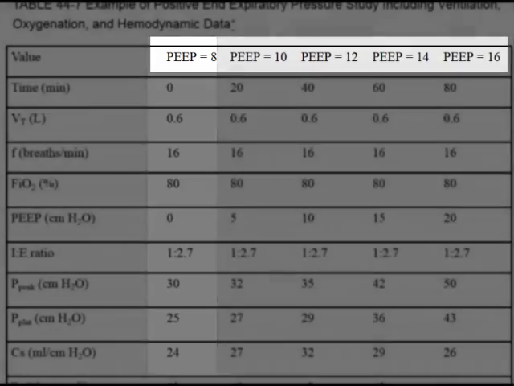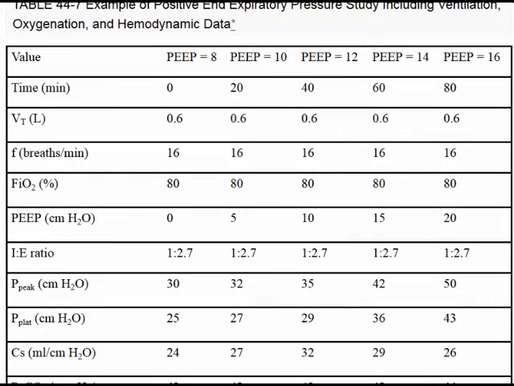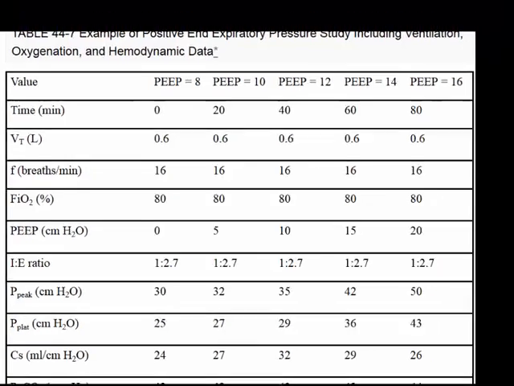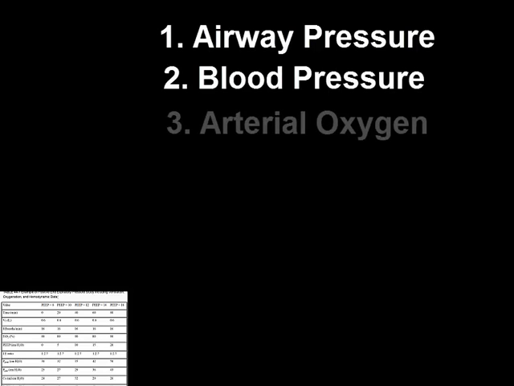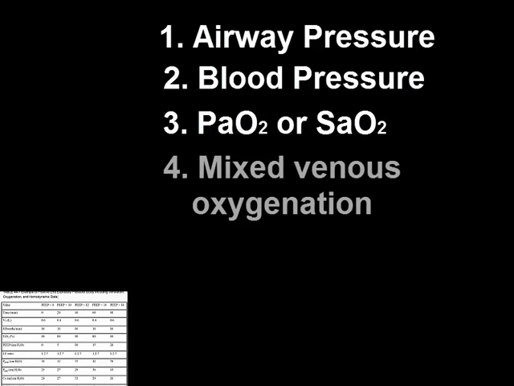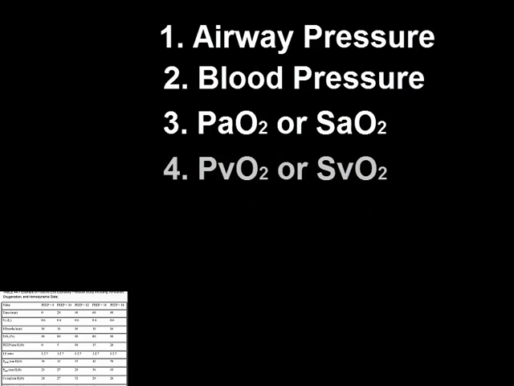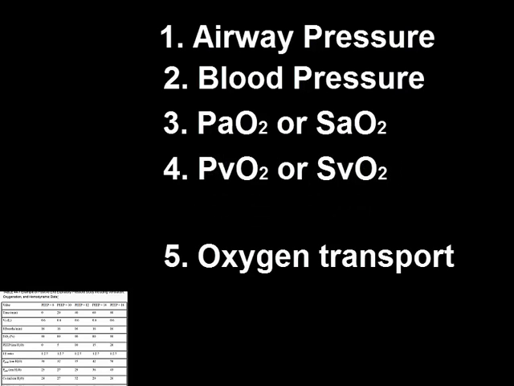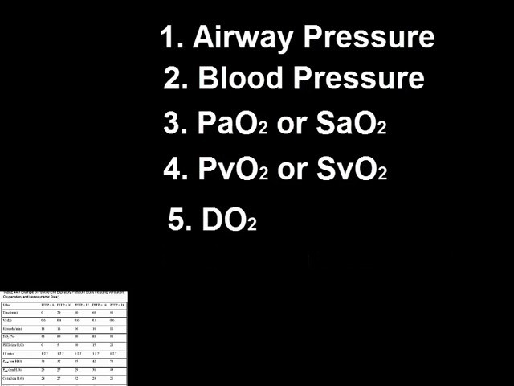So when first reviewing the PEEP study, observe changes in the following things: the airway pressure, the blood pressure, arterial oxygen, whether that's PaO2 or SaO2, mixed venous oxygenation, oxygen transport. With increases in PEEP, the PaO2 and saturation improve.